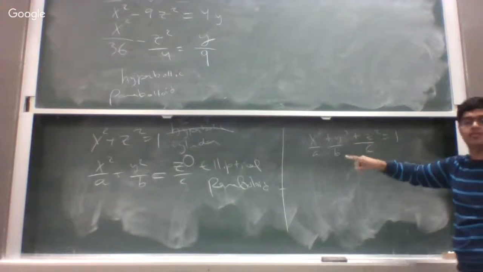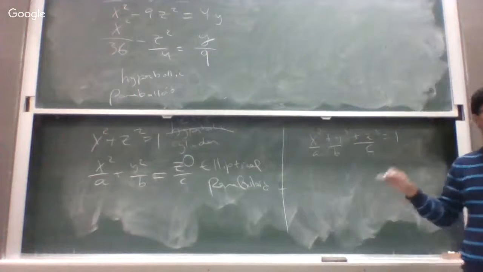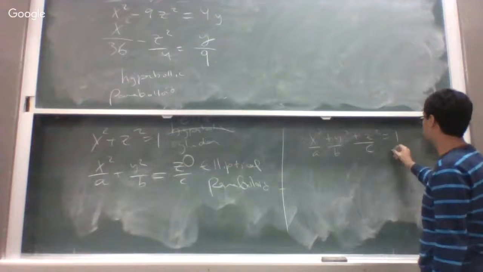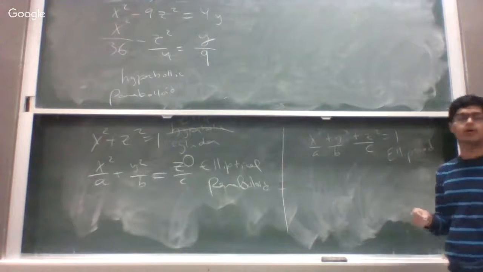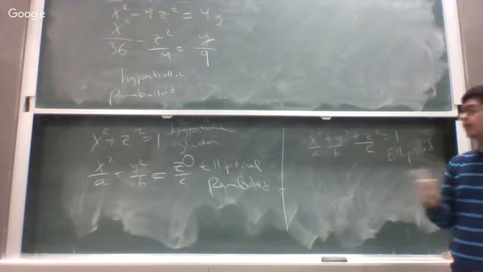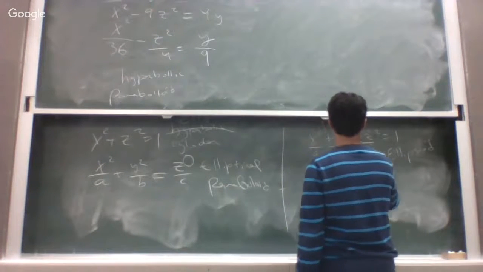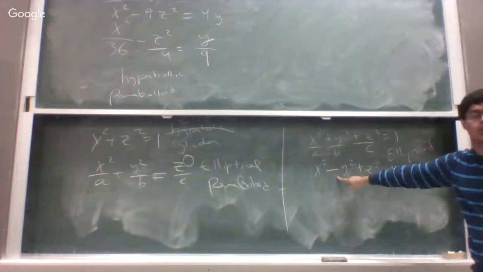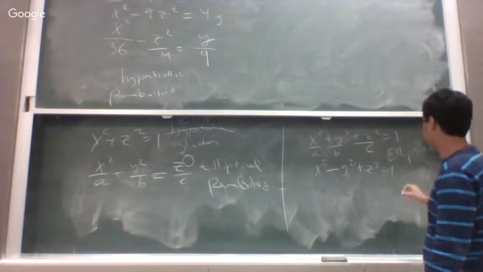Yes. So it's an ellipsoid. It's an ellipsoid when you have three variables that are squared equal to a 1. If I change one of them to a minus sign, so there's one minus sign here, it's a hyperboloid of one sheet.